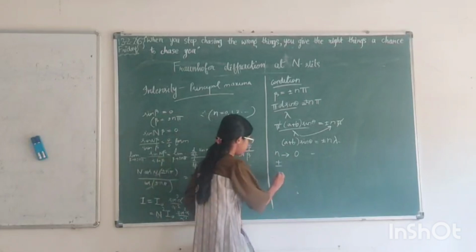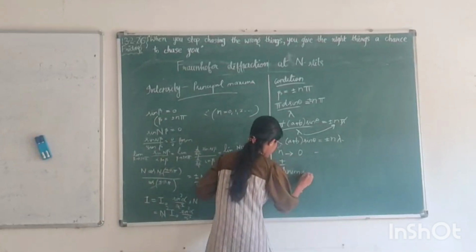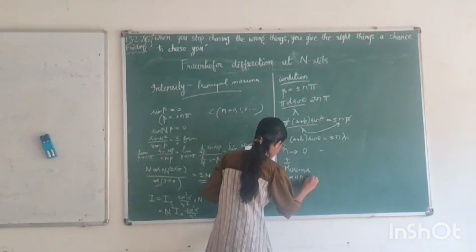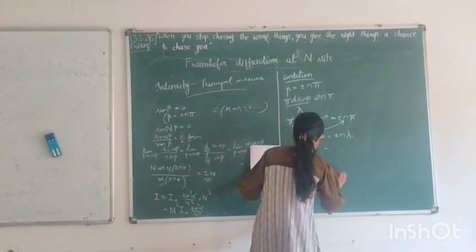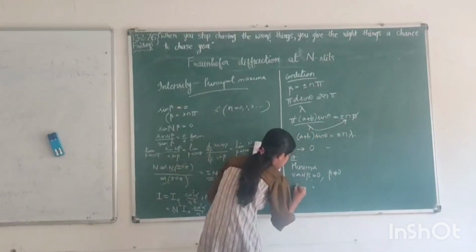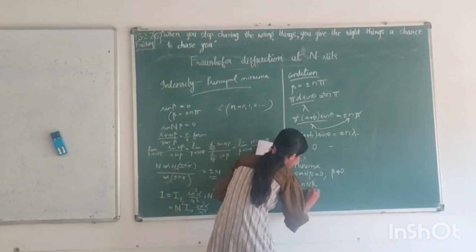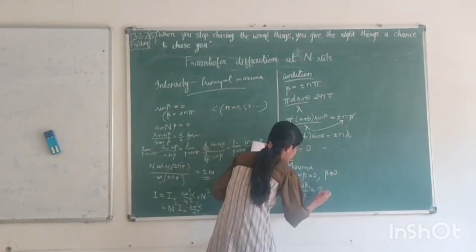That is the case of minima. In the case of minima, sin n beta will be equal to 0, but sin beta will not be equal to 0. So taking the ratio sin n beta by sin beta, we have 0.